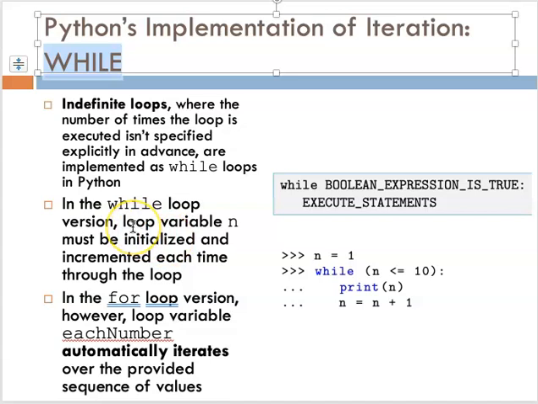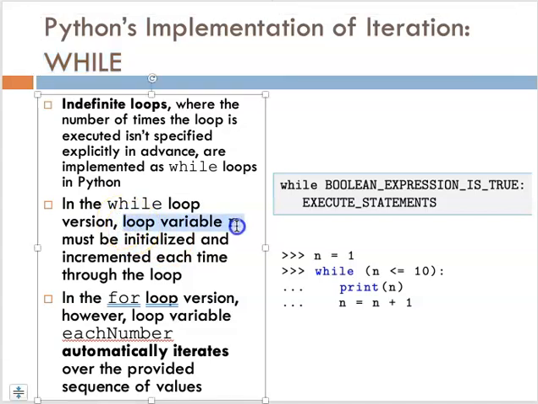And the construct depends on some loop variable n that has to change. Otherwise, let's say that Boolean expression starts off as true, say n equals 1, and the Boolean expression that you utilize is n less than or equal to 10? Yep, it is. So then I'll start to execute these statements that are in here. Now, if n never changes, then this loop will continue forever, and you'll create what's called an infinite loop.